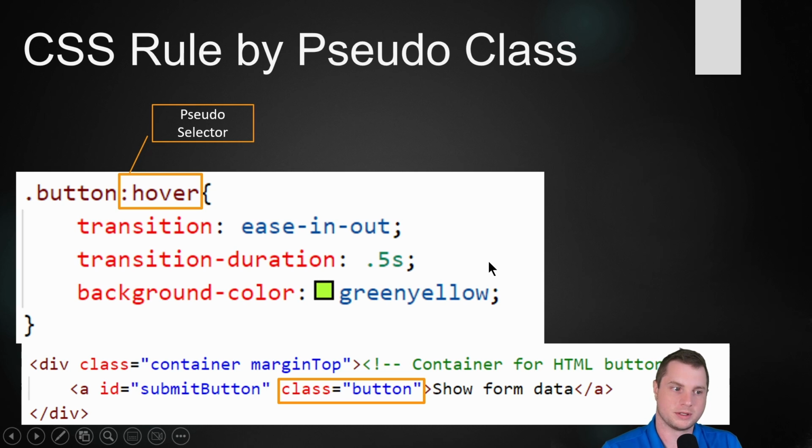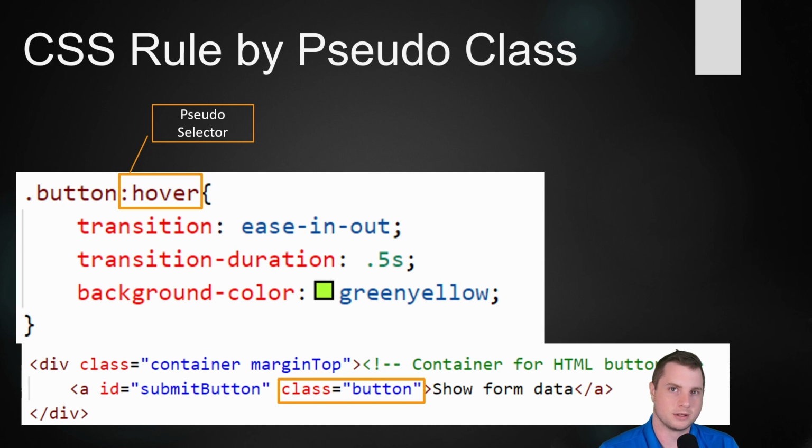What hover stands for in terms of a concept is when my mouse goes over a button and I haven't clicked it, I'm quite literally hovering over it. I want to change that background color to green yellow, and I want to do it relatively slowly, at half a second. That is a state.